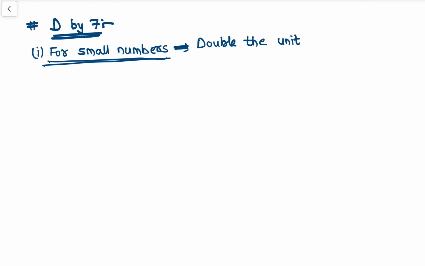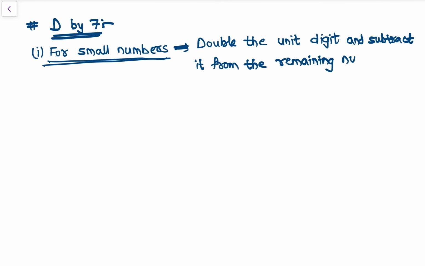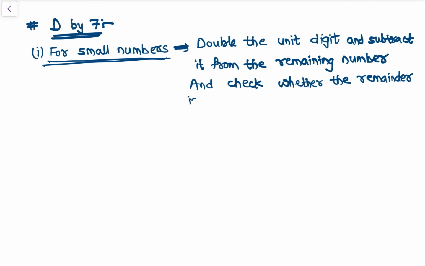Double the unit digit and subtract it from the remaining number, and check whether the remainder is a multiple of 7 or not.